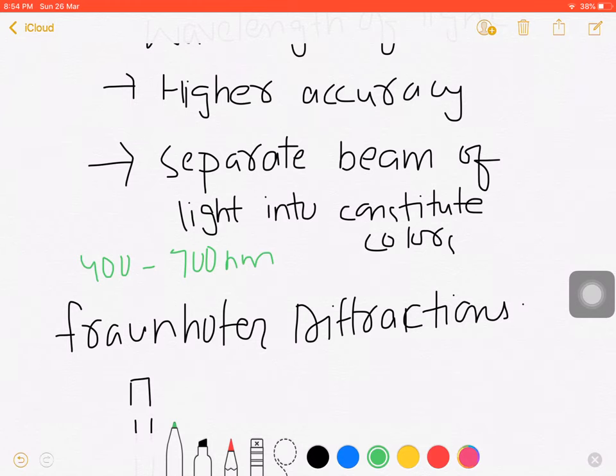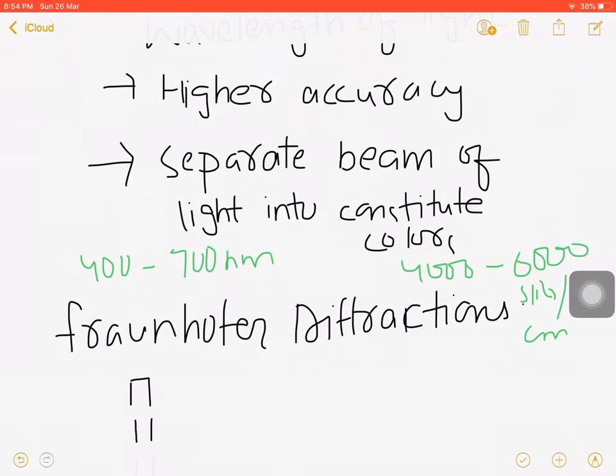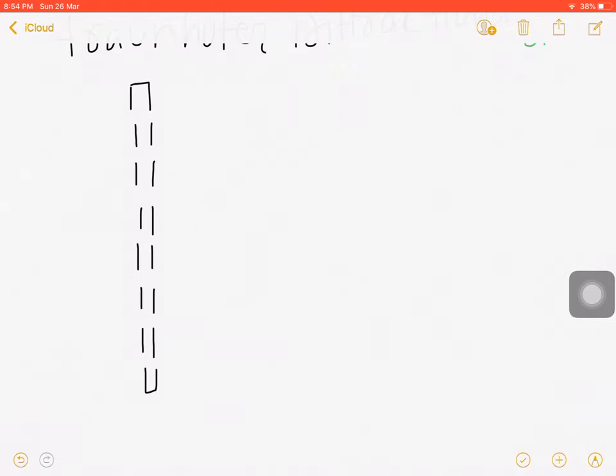So there will be, you can say, 4,000 to 6,000 slits per centimeter, right? And all these slits will be equidistant. My image is not properly correct, but if you see it in Google or in your book, the distance between two slits is equal. It is known as equidistant, right?